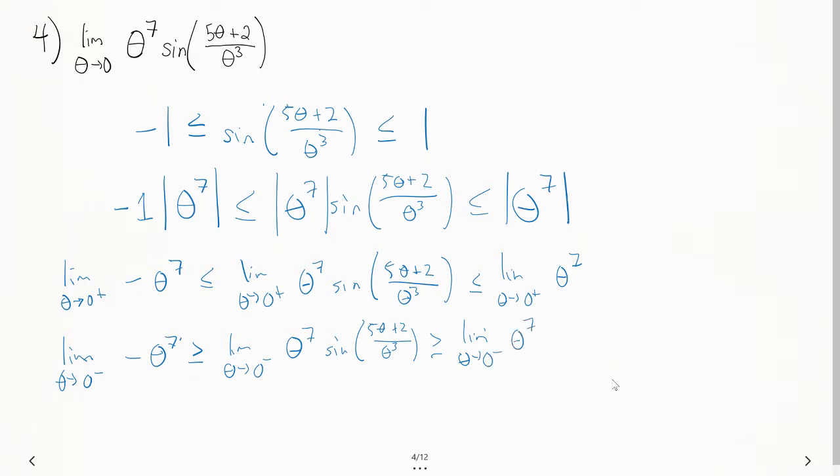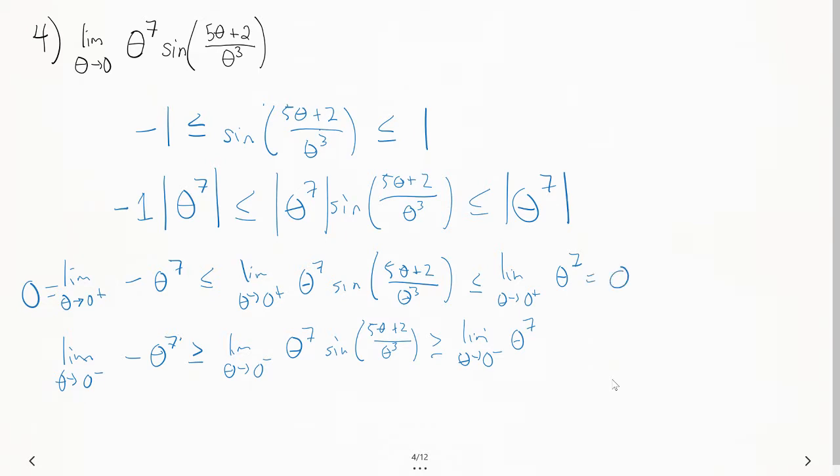Okay. So now we have all that information there. What does that do for us? Well, what's the limit as theta approaches 0 of negative theta to the 7th? If we approach it from the right, doesn't matter, it's 0. And then our right-hand side is 0.